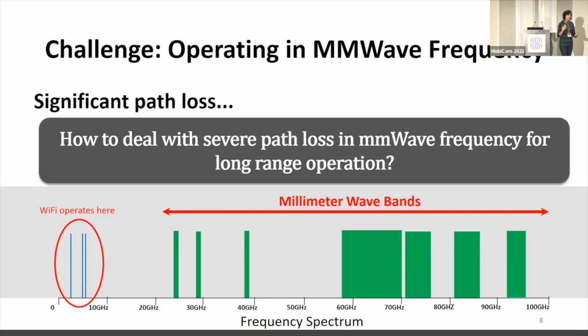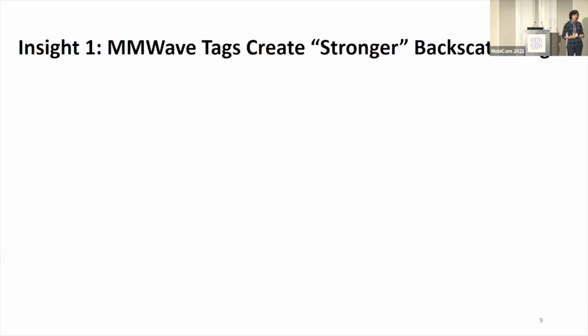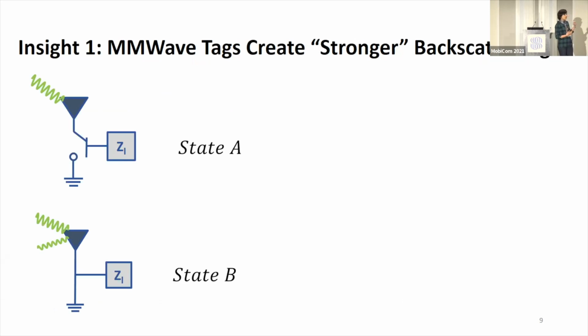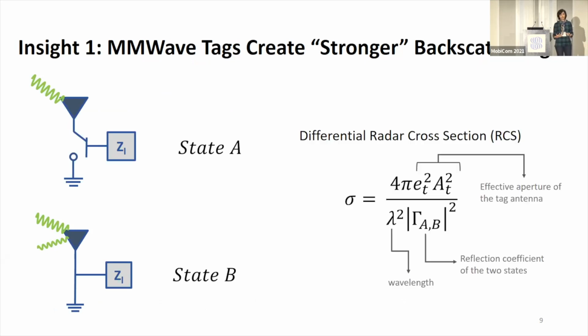There are two enabling insights that we use in this work. Number one, in backscatter systems, all we need is to differentiate the two channel states as the tag switches on and off. In each of these states, the tag presents a certain radar cross-section, so all we need to do to increase the tag detectability is to increase this differential RCS.